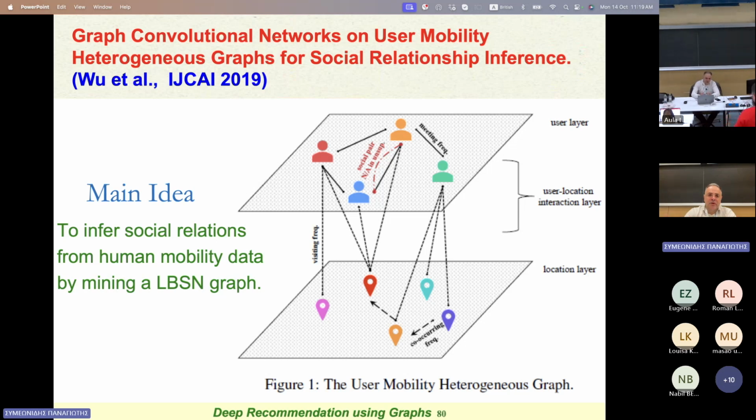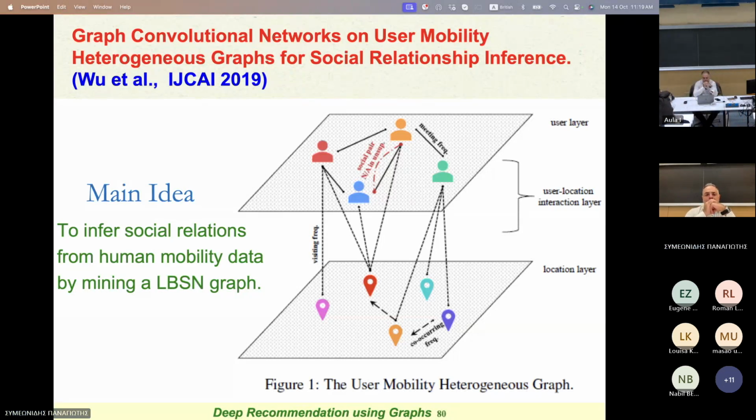Now we will see some works in graph convolution networks. The first work is by Yu et al., in SIGIR 2019, and it has to do with recommendations using social relations and mobility data.